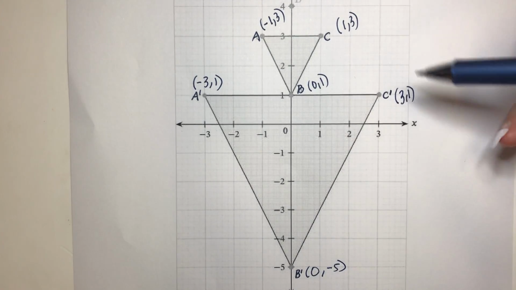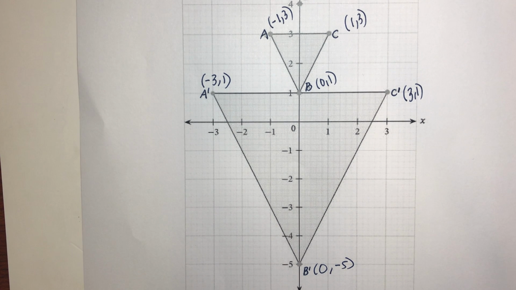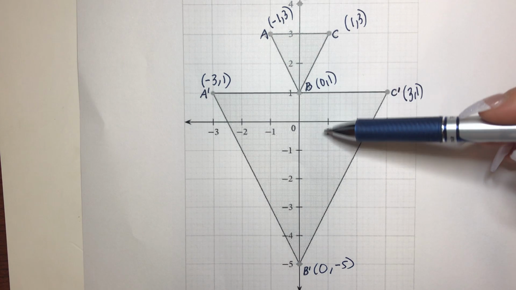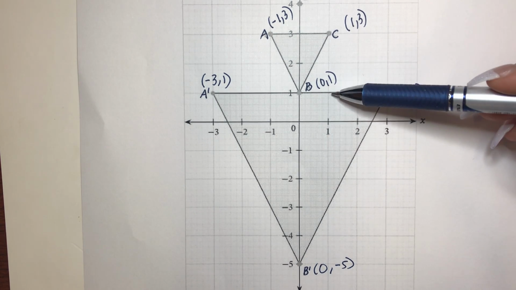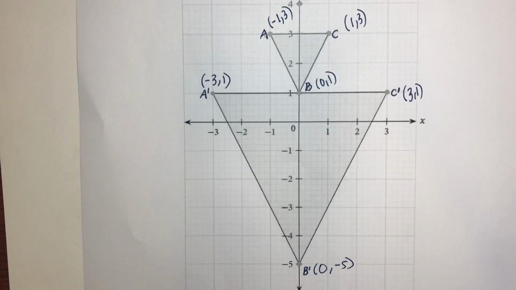But I think that there might be a translation happening here. And so part of me wants to go ahead and move this down so it kind of lines up a little bit more with this triangle and then kind of dilate it, but I'm not exactly sure.